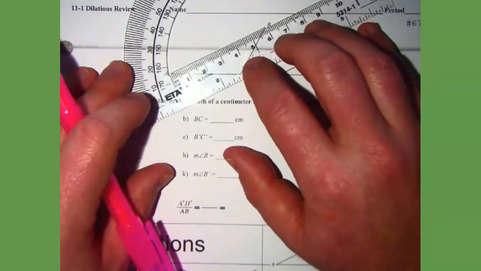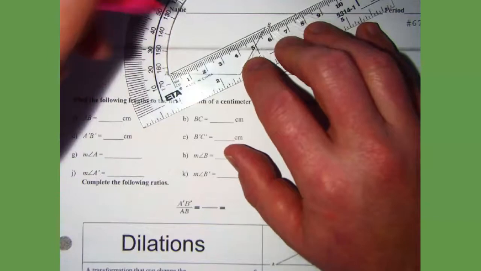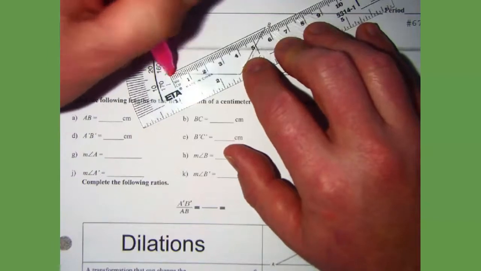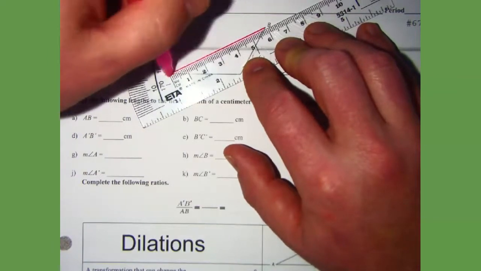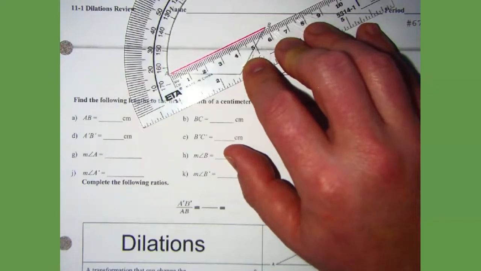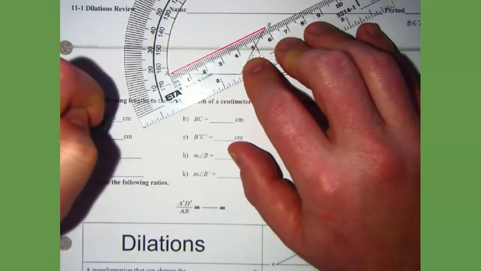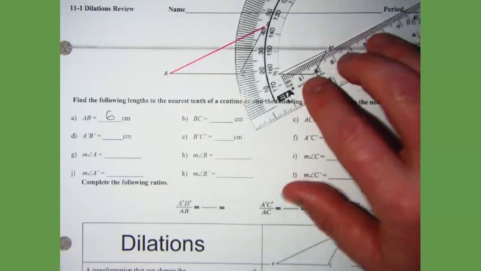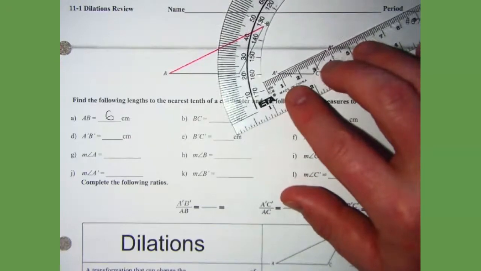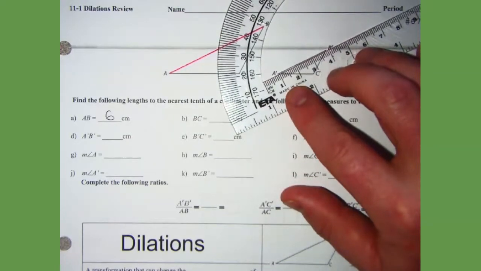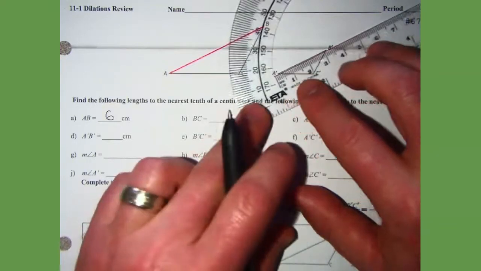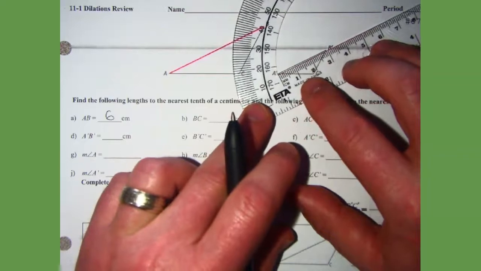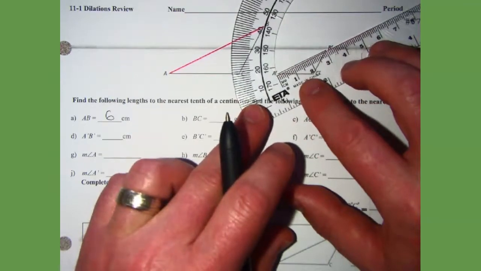We're going to round just a little bit on this one and call this 6 centimeters. And then do the same thing for AB prime. And this one comes out to 3.